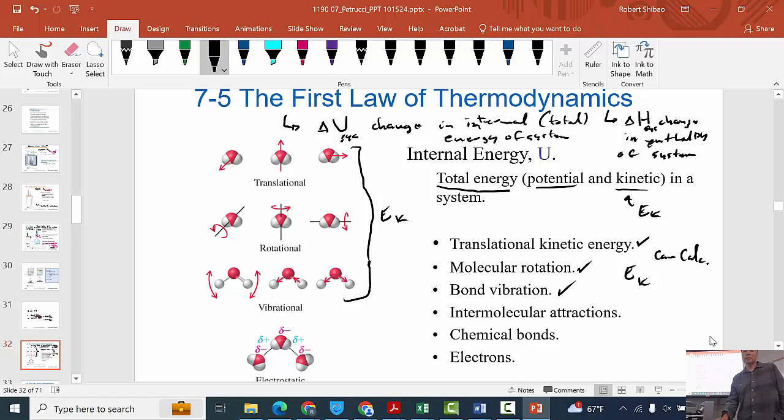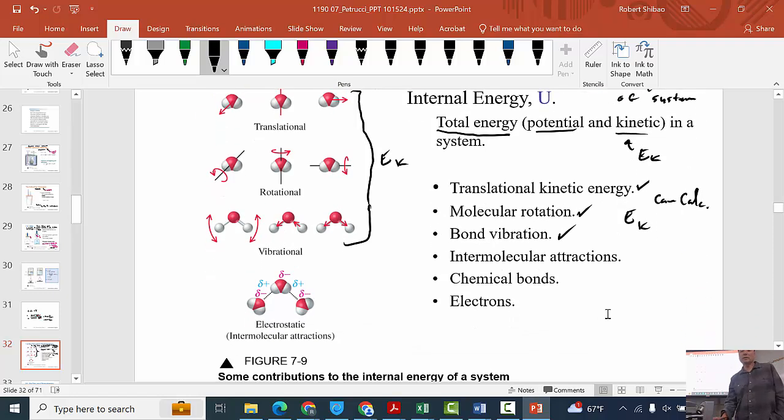However, the potential energy is a bit different because the potential energy is the energy in intermolecular attractions. We can determine that. Hydrogen bonding interactions are about 25 kilojoules per mole. So if I have a mole's worth of these hydrogen bonding interactions, to break all of them would cost about 25 kilojoules in a mole of water. Potential energy will be stored in the bonds.